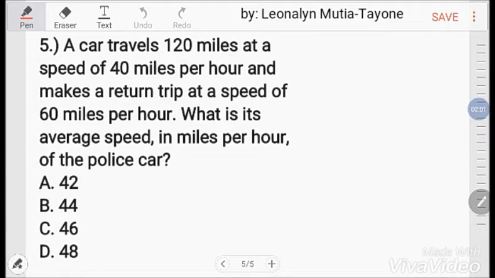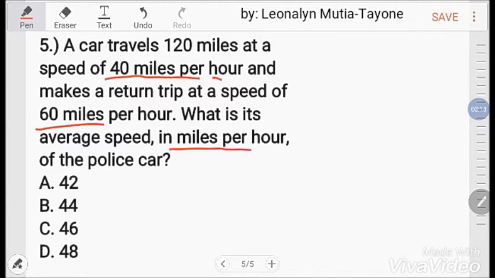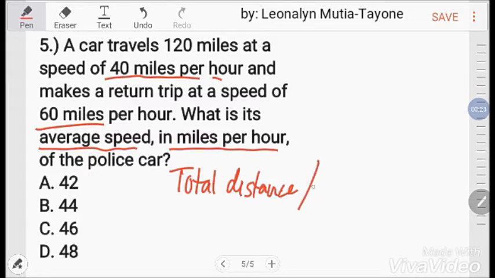Number 5. A car travels 120 miles at the speed of 40 miles per hour and makes a return trip at a speed of 60 miles per hour. What is its average speed in miles per hour? Average, meaning total distance divided by total time.